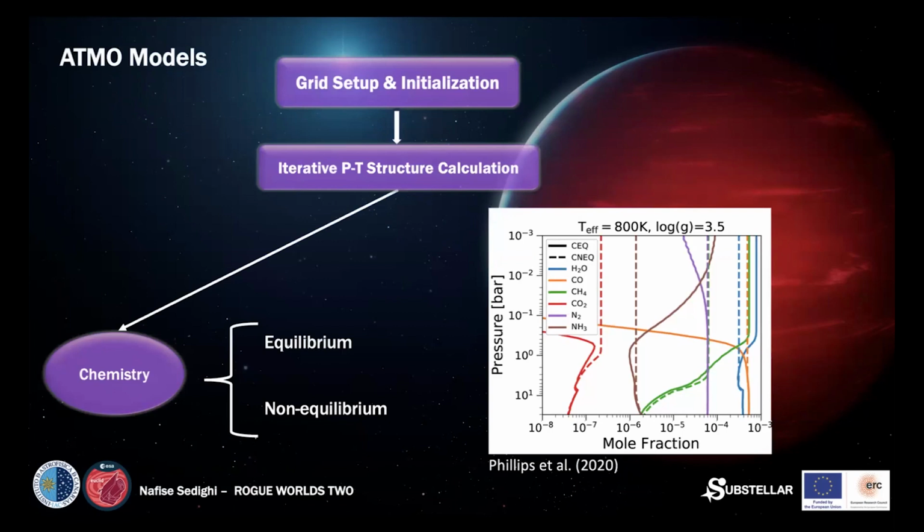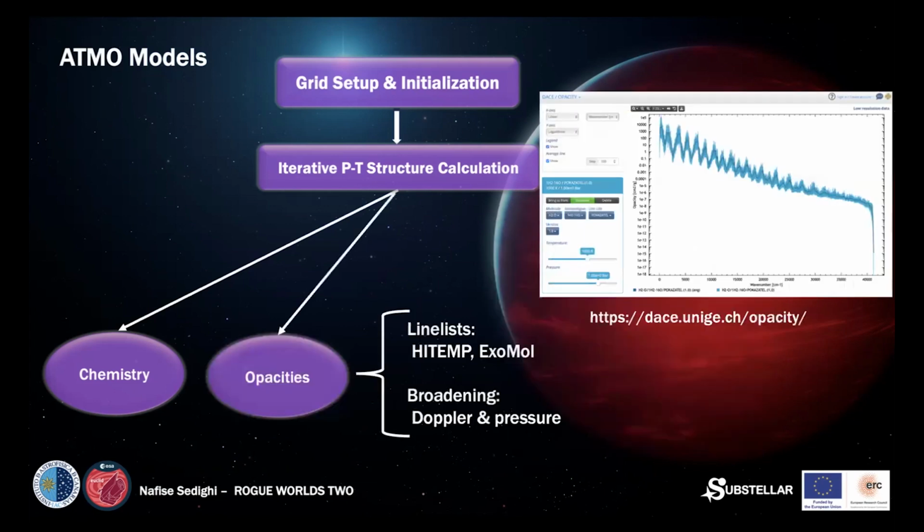And under this assumption of the chemistry, we are able to calculate the molecular abundances. As you can see here, for example, in this plot, the solid line is the chemical equilibrium, and the non-equilibrium one is the dashed ones. So I show you some of the atomic and molecular species that we have in ATMO here.